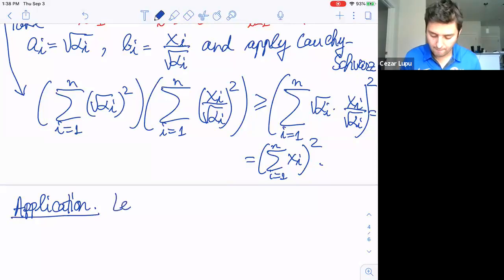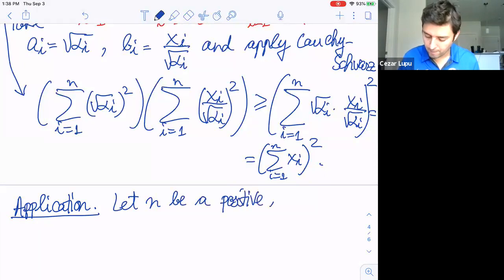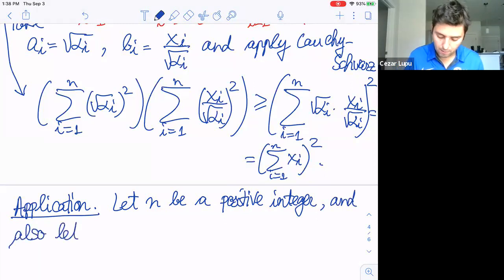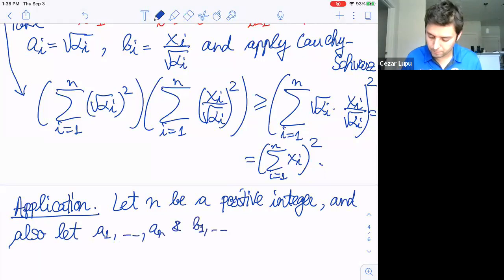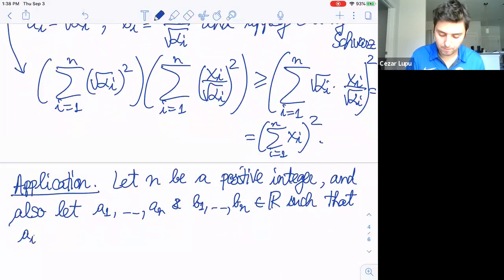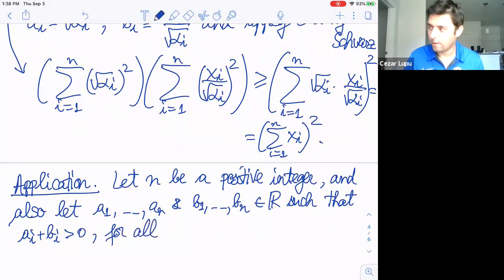Let n be a positive integer, and also let these numbers A1 to AN and B1 to BN be real numbers such that AI plus BI is positive, so I want the denominator of each fraction to be positive for all I from 1 to n.